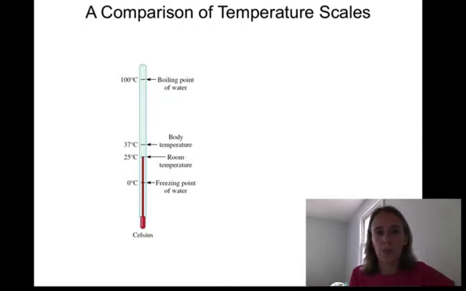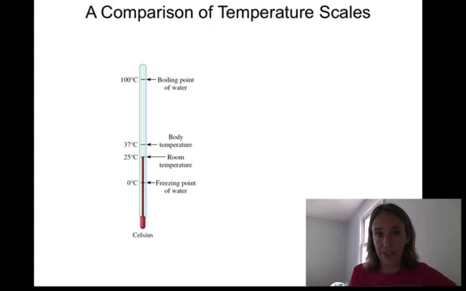Temperature. Fahrenheit is what probably all of us are most familiar with, but in chemistry, everything is measured in Celsius, and when we're talking about gases, we often use Kelvin. So let's look at each of these scales. Here's the Celsius scale. The important points on it are the freezing point at 0 degrees Celsius and the boiling point at 100 degrees Celsius.